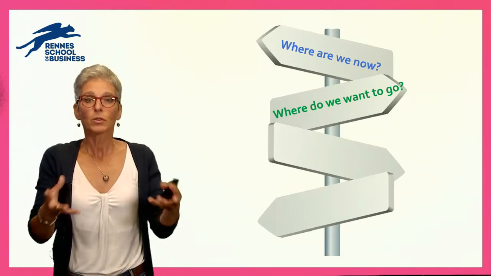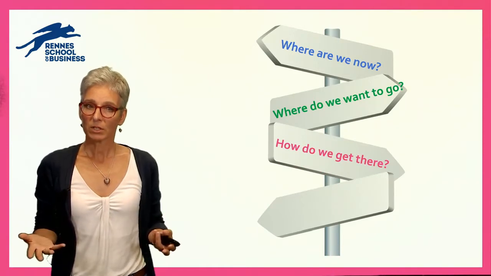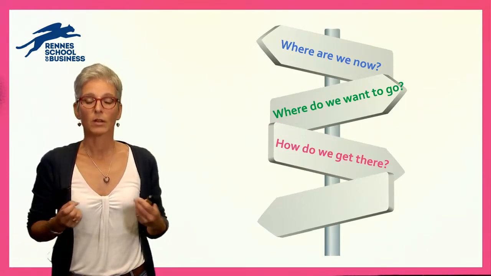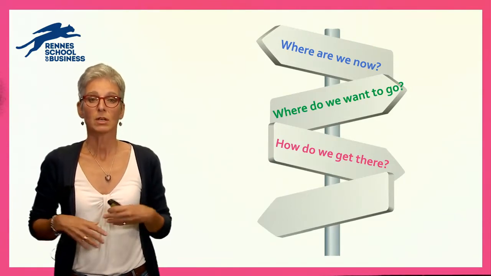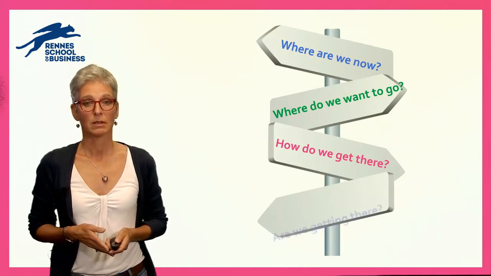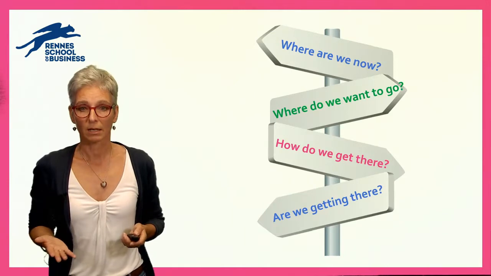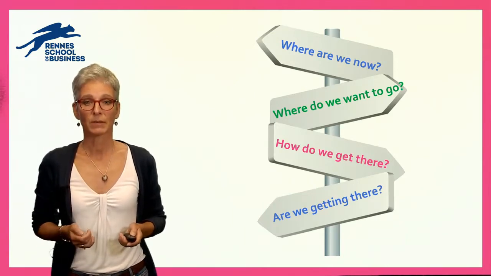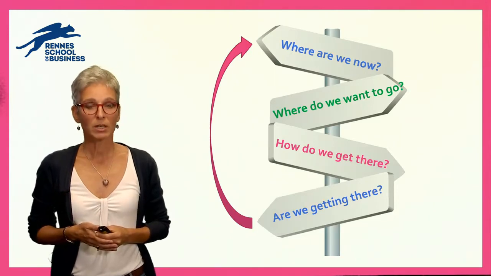And what do we want our company to become? How are we going to get there? That is when we start determining how we're going to implement our marketing strategy and the decisions that we're going to take to achieve our objectives. And finally, we have to go back and measure, are we getting there? Is our strategy working? And from that, as I said, we go back to the loop and we start again.